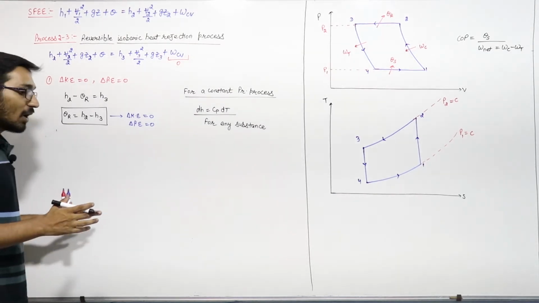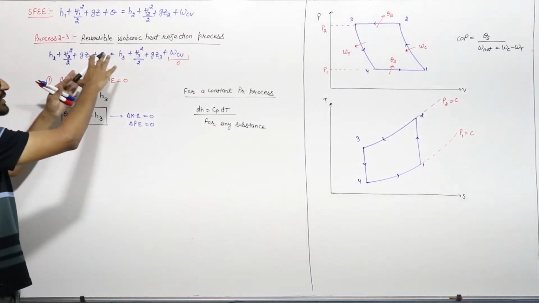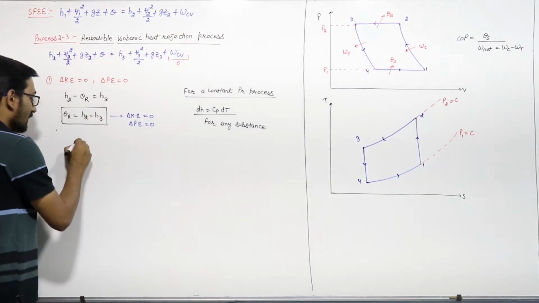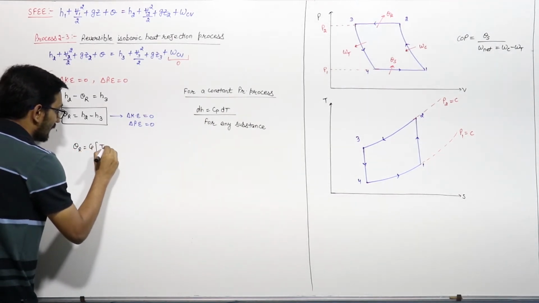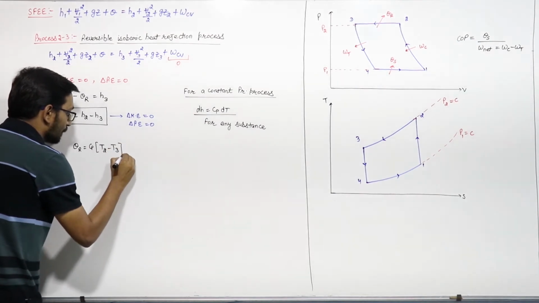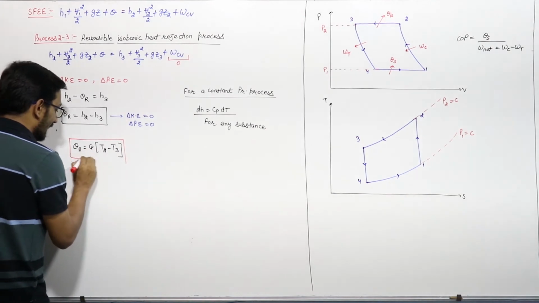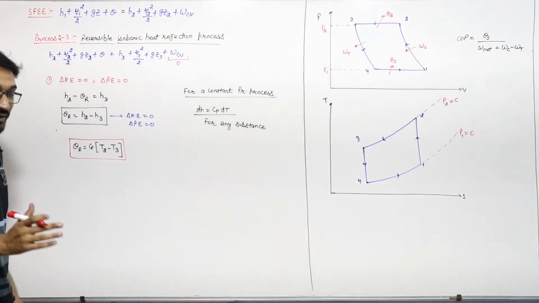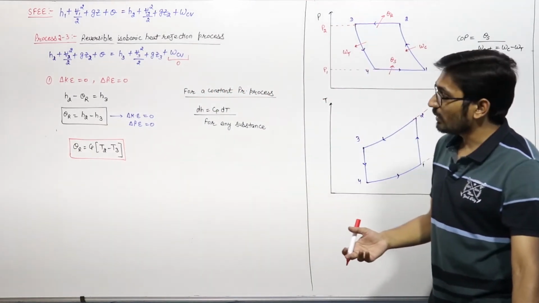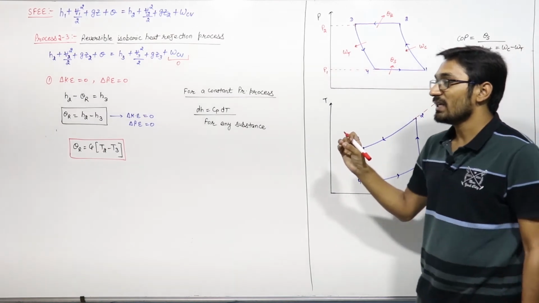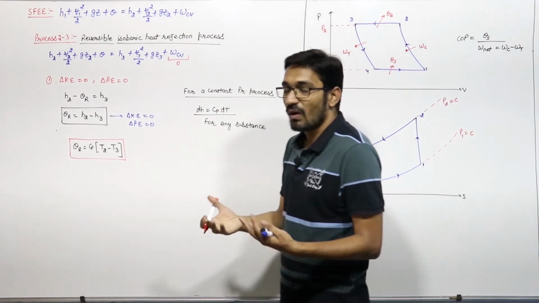So without taking the assumption of ideal gas, because this is a constant pressure process, you can write QR will be equal to Cp into T2 minus T3. This is the most important thing here: you can write this heat equation Cp into T2 minus T3 whether the refrigerant flowing in this cycle is an ideal gas or a real gas.